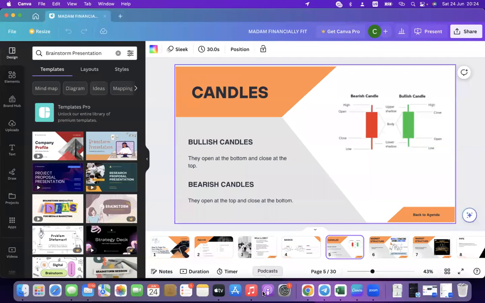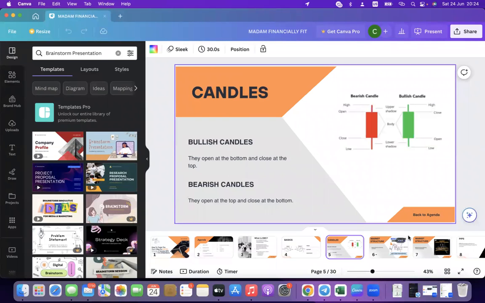There is something called the wicks, which are these small particles right there. You can see the wicks. So these wicks just show how high or how low that particular candle has gone before it closes. All right. So I'm going to show you guys in the chart.